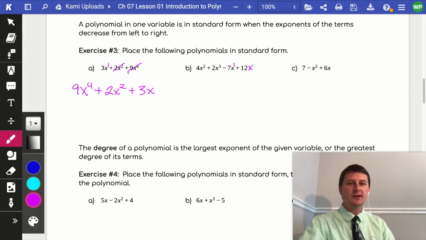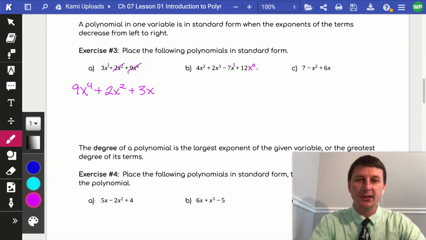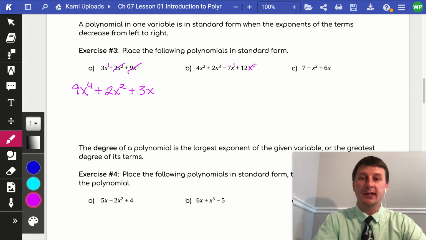So this one here is really x to the 0 power, because we should remember from our exponents chapter that anything to the 0 power is equal to 1. So this is really 12 times 1, which is the same thing as 12. So we could fill that in with an x to the 0 if we're stuck on what exponent the 12 has. It has a 0 exponent.